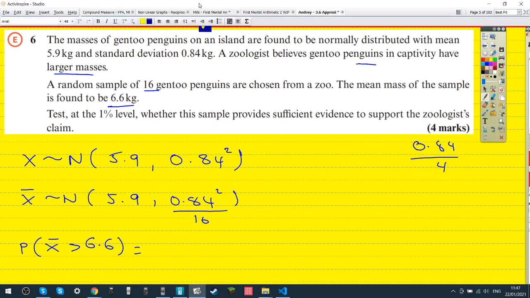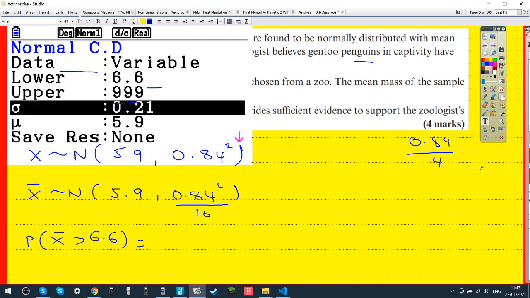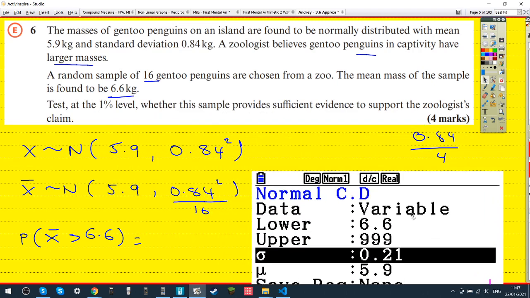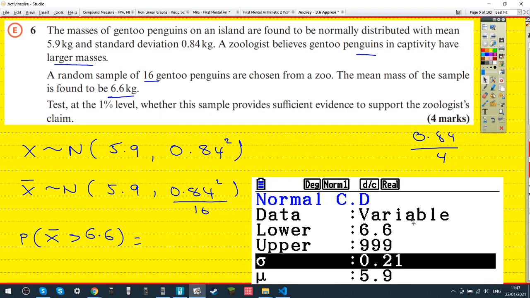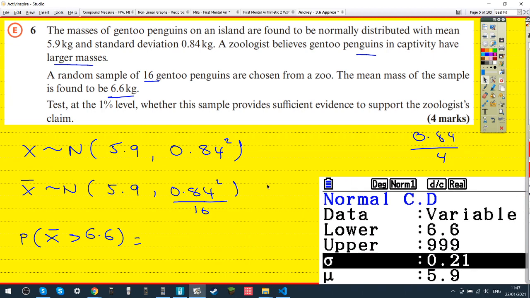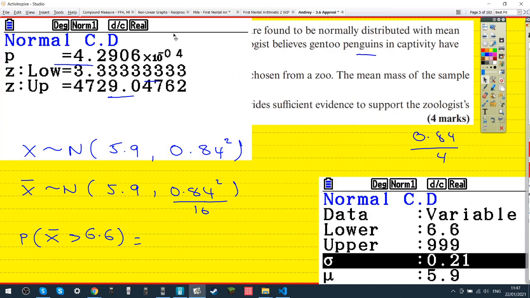So that will be, I got 4.2906 times 10 to the minus 4.